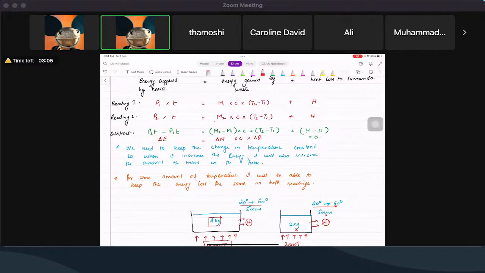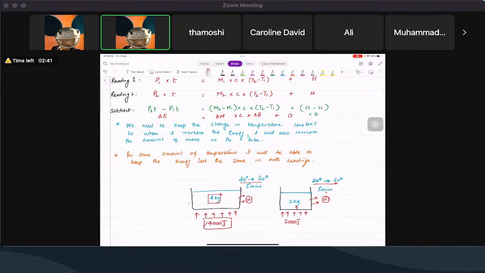And here H minus H will be 0. So we want to eliminate the heat loss. Understood? So this way we can get the most accurate value of heat capacity. Understood? Yes, sir. That's why we need to remove the heat loss. Any questions, anybody?